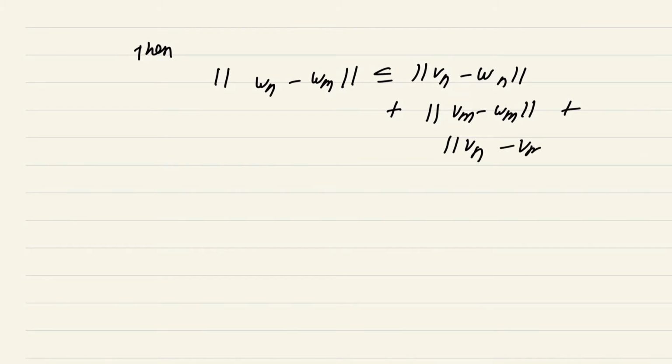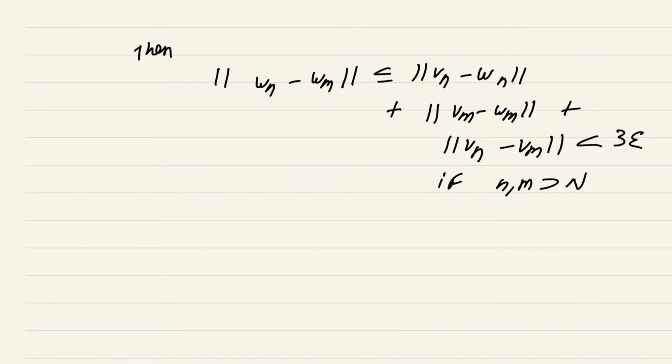So this is the 3 epsilon trick which we have done so many times, and this is going to be less than 3 epsilon if n, m is greater than N. In fact, there's no need to write less than or equal to. Okay. So this proves that Wn is a Cauchy sequence.